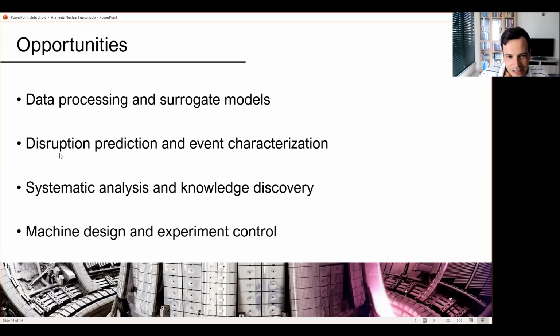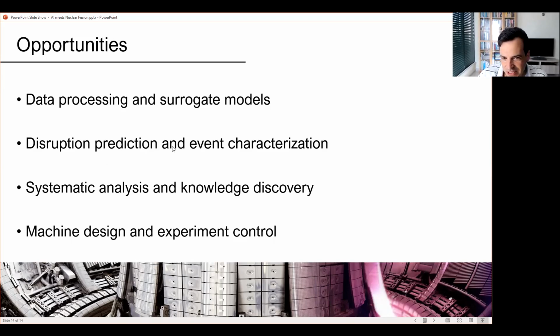Another thing that we can do, and this has been a very active field of research, is try to predict certain events. I've written here disruption prediction, but we might as well try to predict other kinds of events that happen during an experiment.